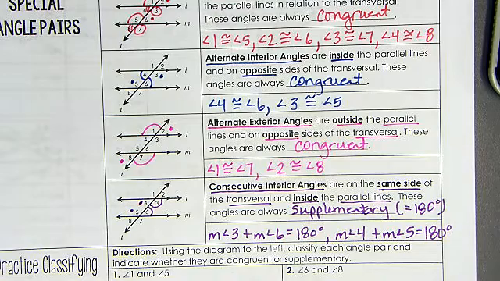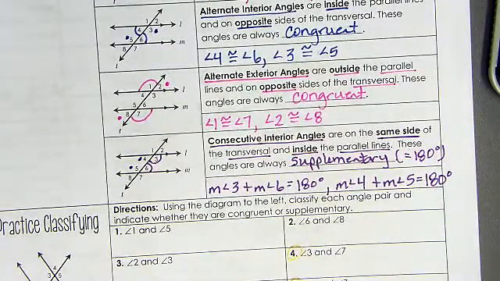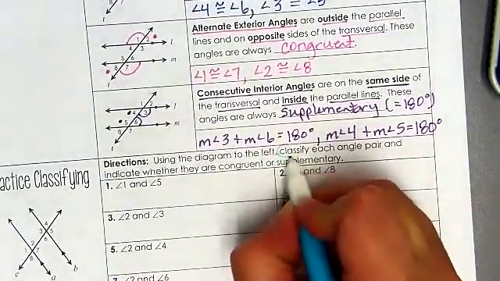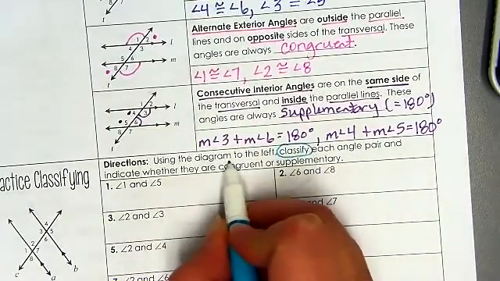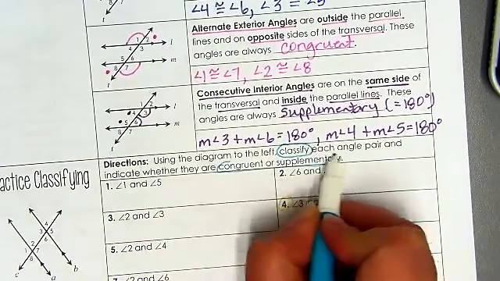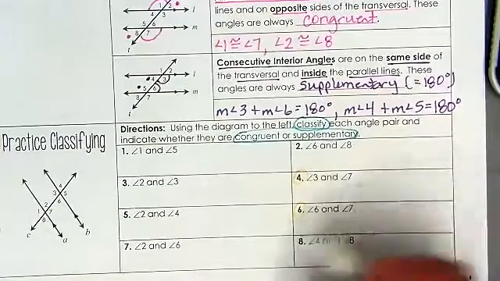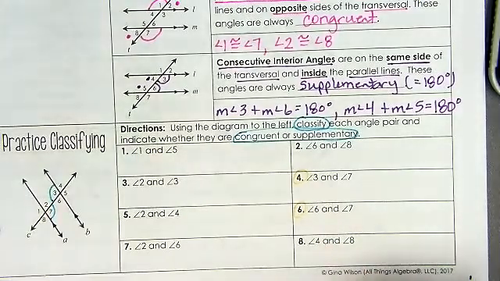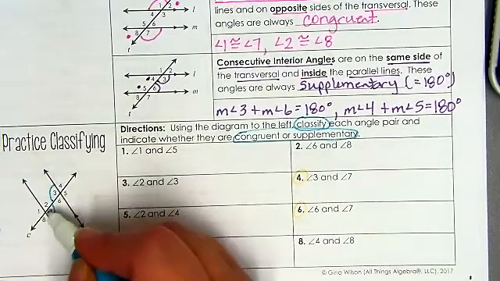All right, now we're going to apply these situations. Let's look at the directions. It says using the diagram to the left, classify the angle pair and indicate whether they are congruent or supplementary. So if I look at number 3, I'm looking at angle 3 and angle 7. They are on opposite sides of the transversal and inside the parallel lines.